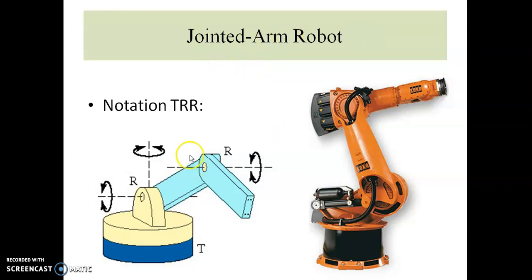The jointed arm robot uses the TRR body-arm assembly, twisting and revolving. This is the twisting joint assembly. This is about the revolving joints. With the help of the twisting joint, the base can be moved, and with the help of the revolving joint, the body or the arm can be moved.